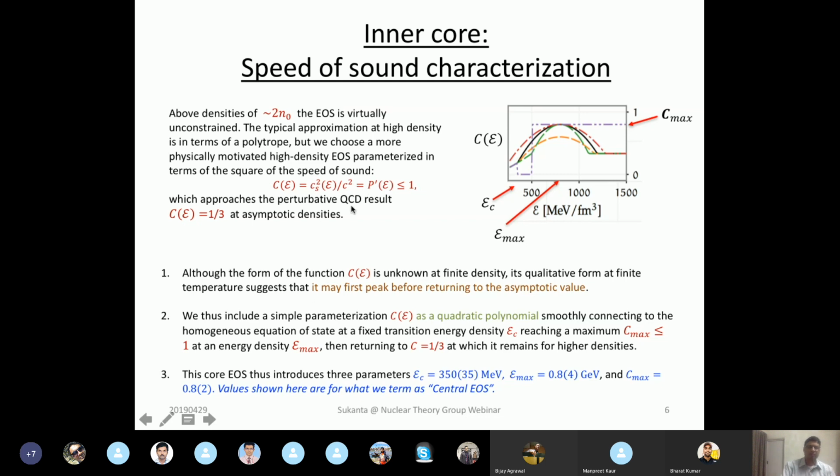But we know from perturbative quantum chromodynamics that this value is expected to reach 1/3 at asymptotic densities. That is described in this picture here, where at large densities, so basically coming close to the center of the star, we expect this parameter C to reach a value of 1/3.